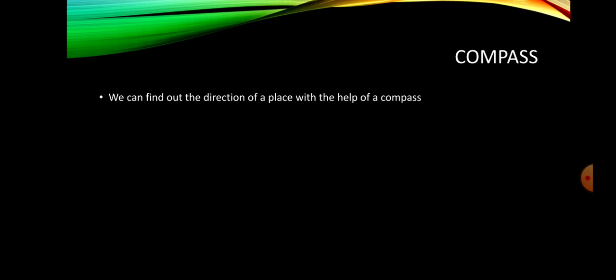Today we will study about the compass. As we know, the compass is used to find the direction of a place, and it is an instrument which we use to find the direction, right?